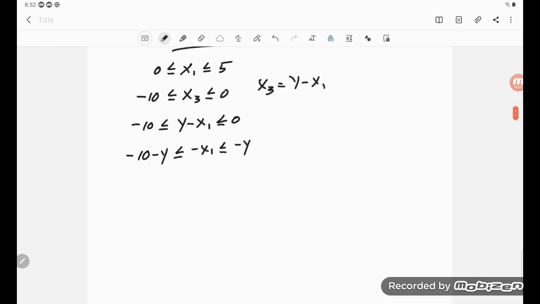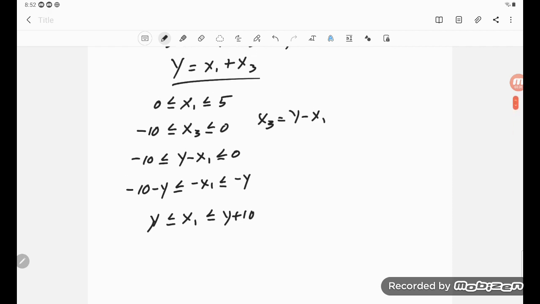Now multiply through by negative 1 and switch the inequalities, and you get y less than or equal to x1 less than or equal to y plus 10. And so we're working with 0 less than or equal to x1 less than or equal to 5, and y less than or equal to x1 less than or equal to y plus 10.